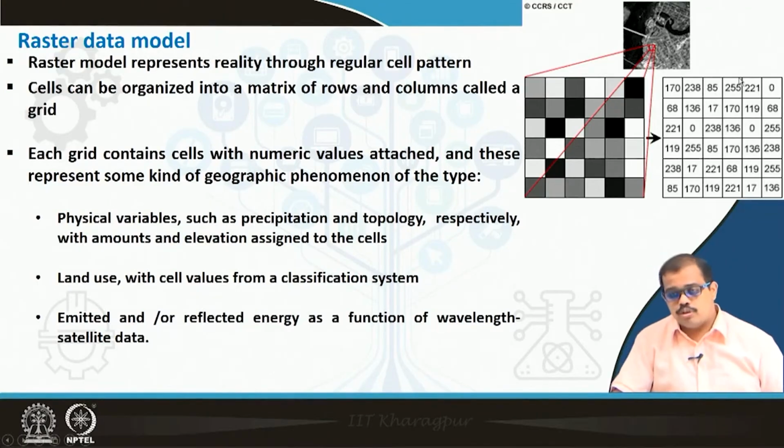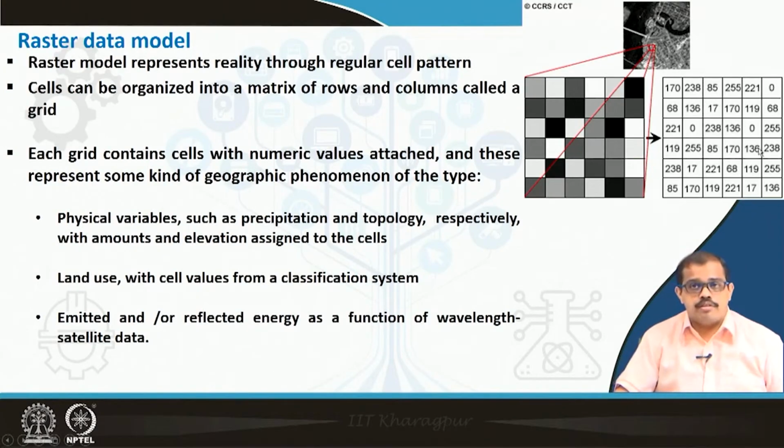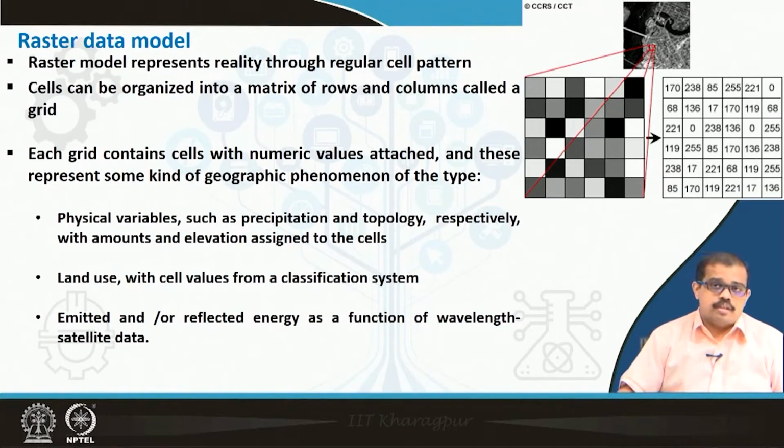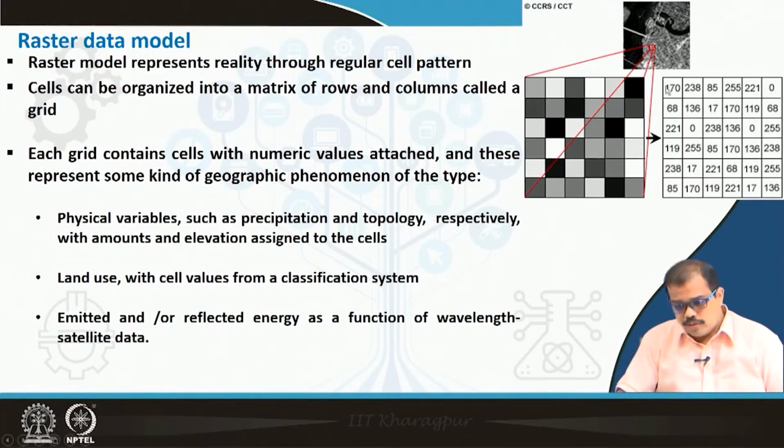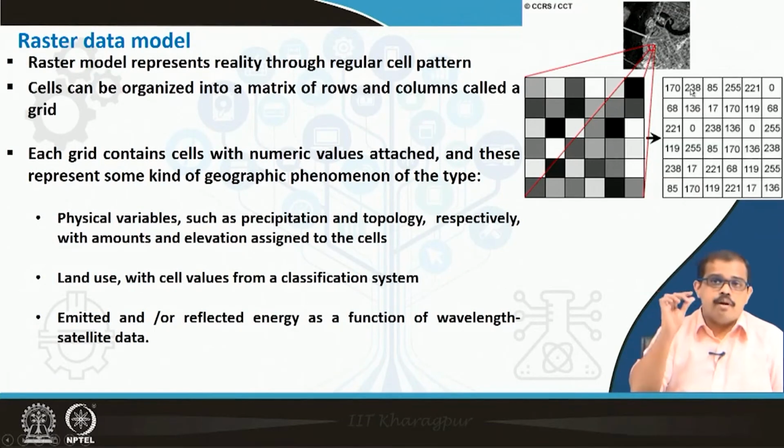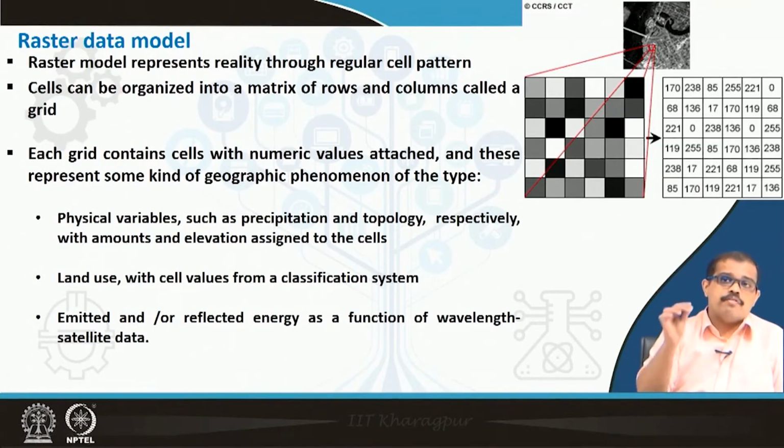The maximum value is 255 and the minimum value is 0, which means 0 is representing black and the maximum value, 255, is representing white. So, anything between 0 and 255 is represented between black and white. Each of these values refers to the amount of reflection from the objects on the earth surface.